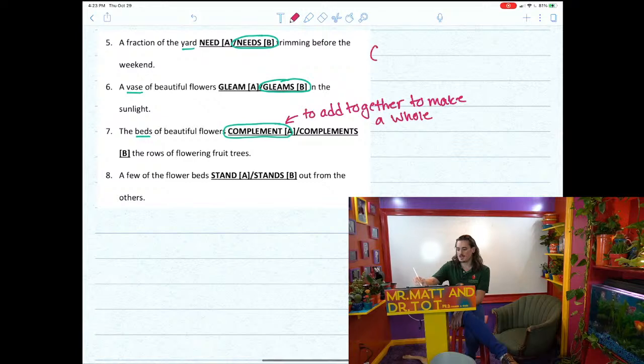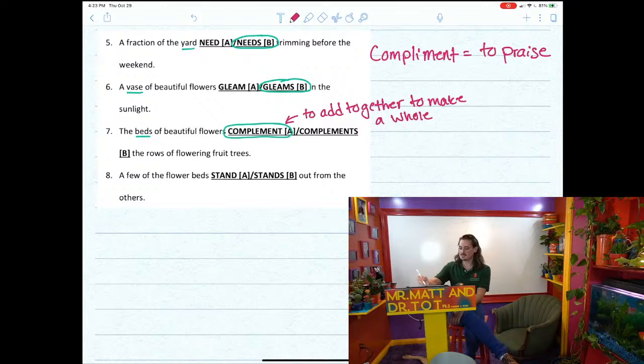Compliment with an I means to praise. So if you give someone a compliment, that's with an I. If you give somebody a free piece of bread at a restaurant, that's complimentary with an E. That's a complimentary piece of bread. Okay, just a little bit of vocab there.